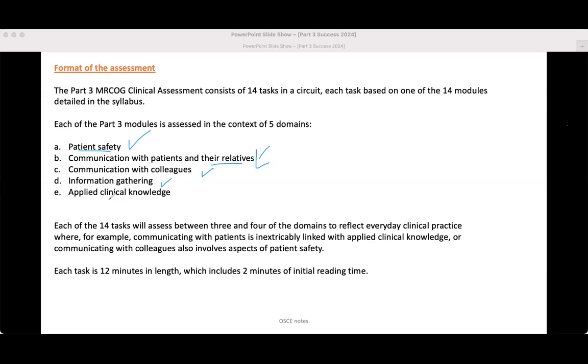Applied clinical knowledge is very important, they assess if you have a safe plan of management or not, right? So those are the 5 domains that will be tested in this exam.